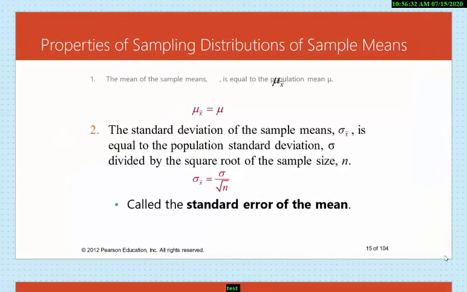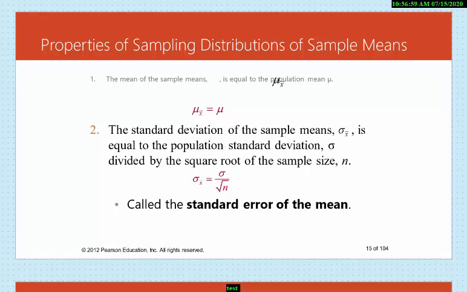And it also tells us that the standard deviation of the sampling means, that is the sigma x bar, is equal to the population standard deviation divided by square root of n. This is what we know. And this is what we call the standard error of the mean.